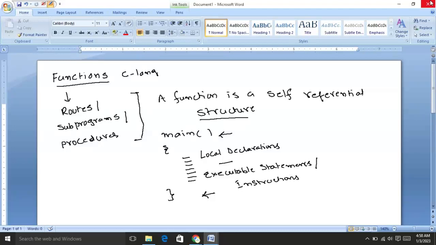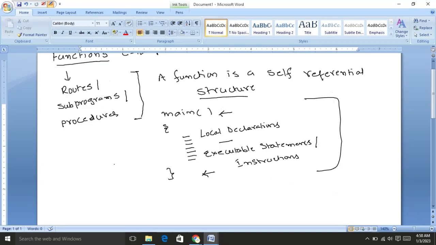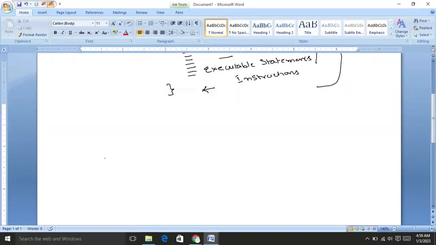Similarly, the function also has the same structure. So, generally, we define the function as a self-referential structure. Now, we would like to discuss why we use functions.